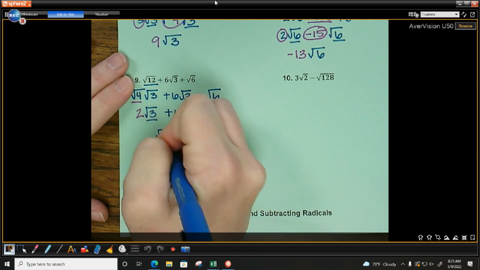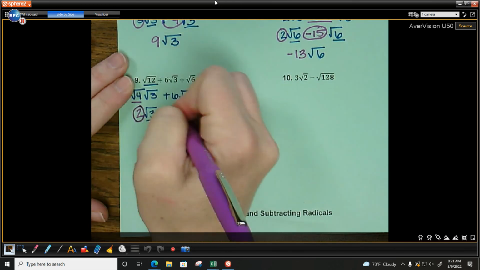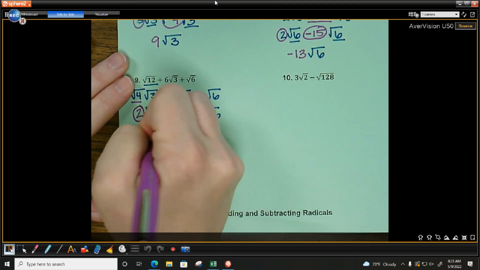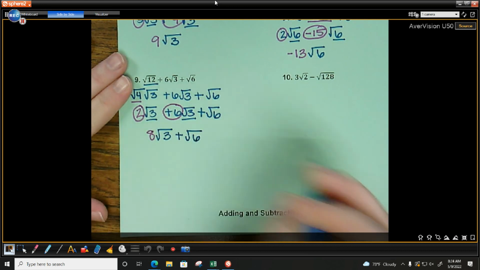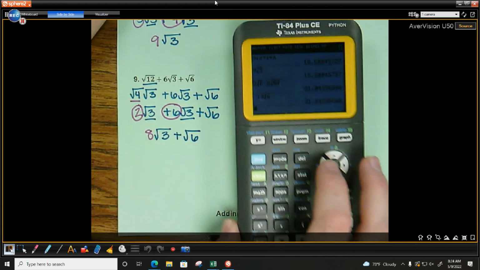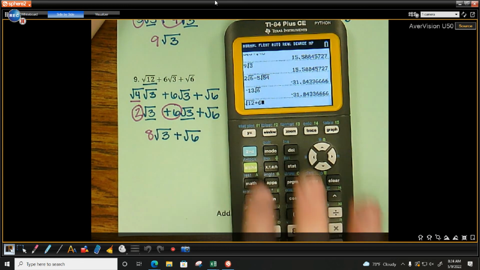Then I have 2 plus 6 is 8. Drop down here, plus square root 6. What should we do? Check on your calculator. Square root 12 plus 6, square root 3 plus square root 6.